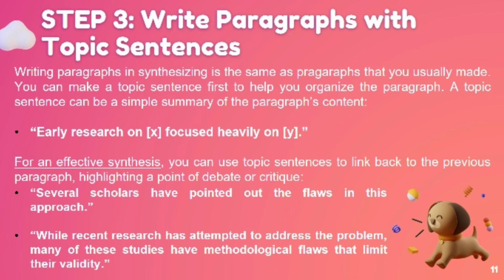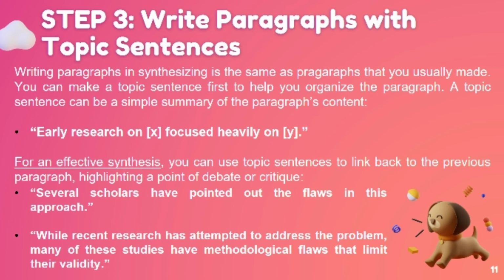By using topic sentences, you can ensure that your paragraphs are coherent and clearly show the connection between the articles you are discussing. As you write your paragraph, avoid quoting directly from sources. Use your own words to explain the commonalities and differences that you find in the literature.